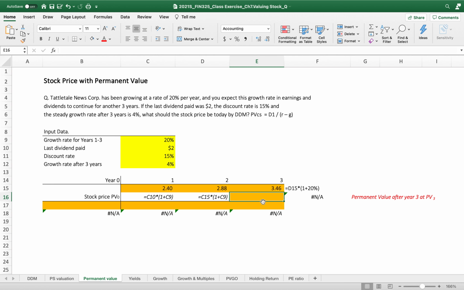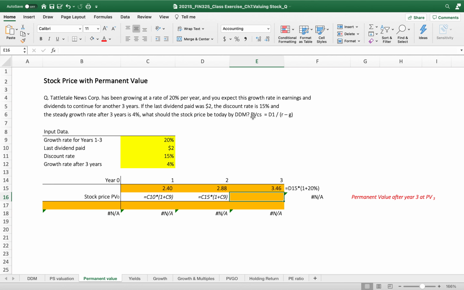But after year 3, from year 4, this dividend is going to grow at 4% permanently, right? So we can calculate the permanent value after year 3, at the end of year 3. How? You use the DDM model.